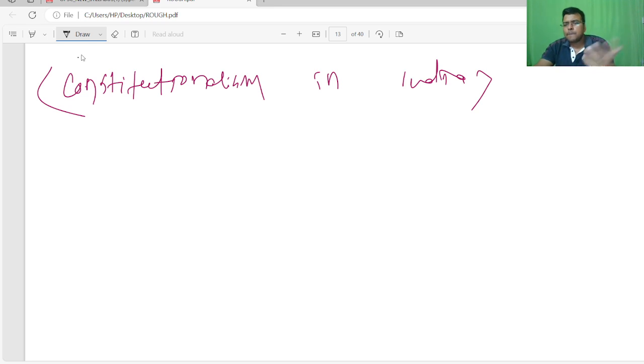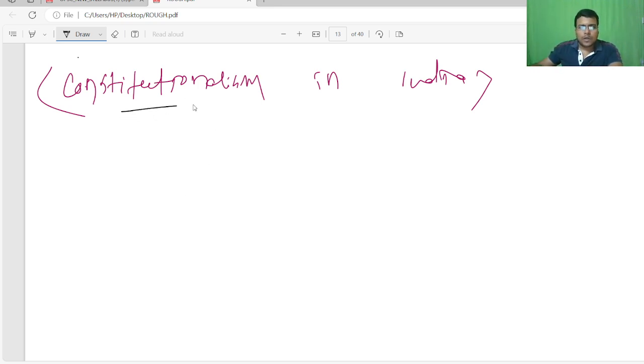So as I say, we can say constitutionalism is there in India due to the following things. If we find that rule of law is in India, we can say constitutionalism is found in India.